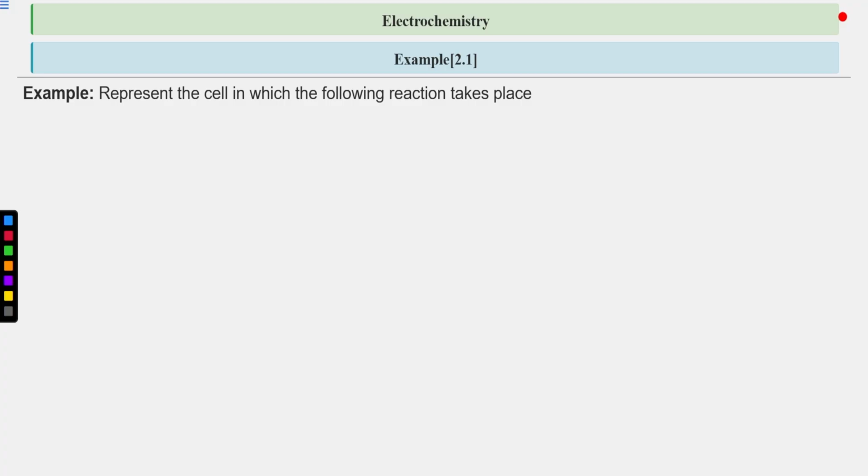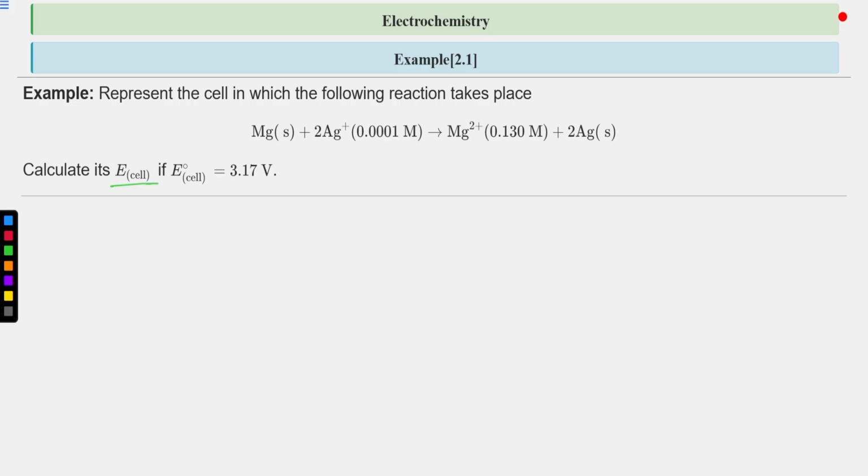Okay, let's see one example on the concepts we have covered. The example is: represent the cell in which the following reaction takes place. The reaction is magnesium reacting with two silver positive ions having the concentration 0.0001 molar, giving us magnesium 2 positive having concentration 0.130 molar plus 2 silver atoms in the solid form.